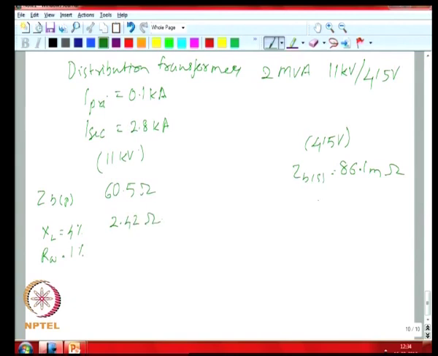On the low voltage side, this would be 3.4 milliohms, and your Rw would be 0.61 ohms, and on the low voltage side you would have 0.86 milliohms.